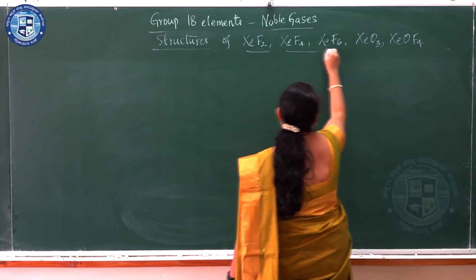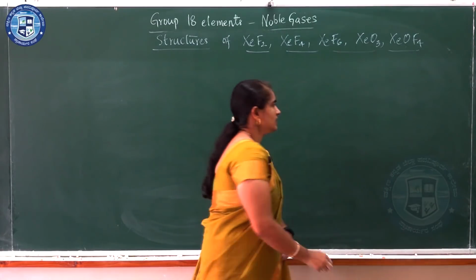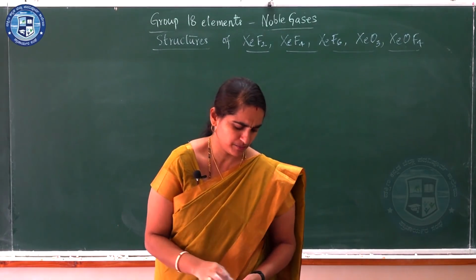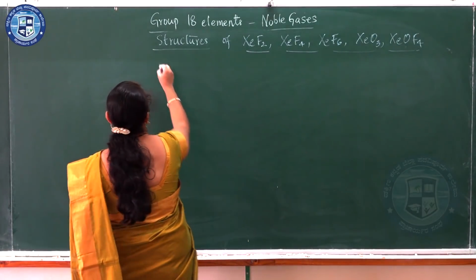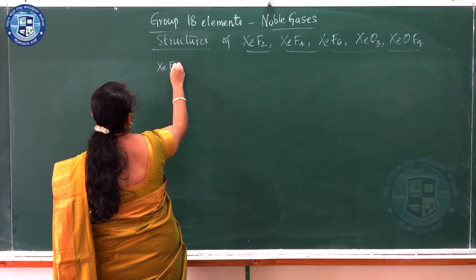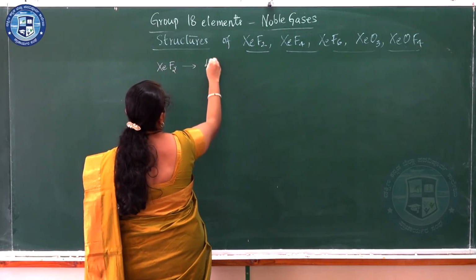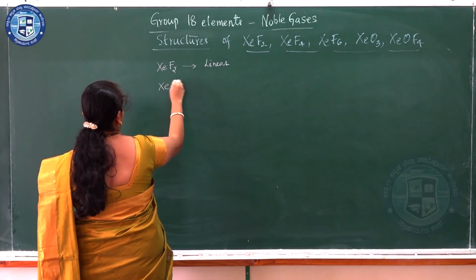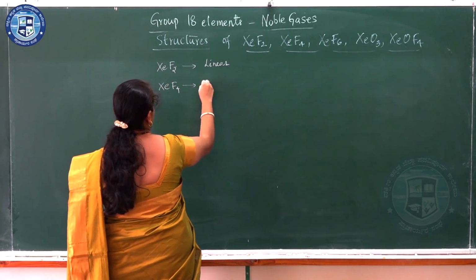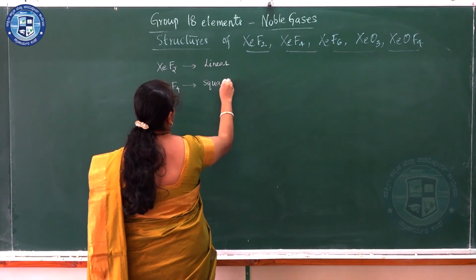So let us see how the structures look. It has been given with the help of VSEPR theory. Now if I go for XeF2, the structure is linear, and XeF4, this is square planar.